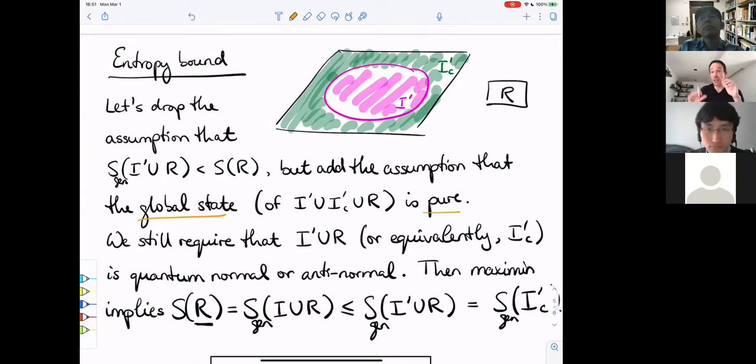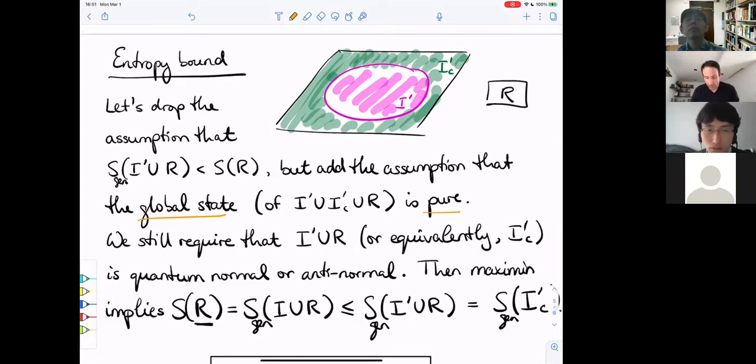But we're still going to want it to be quantum normal or anti-normal. That we keep. That's the only one that's left. And we're going to add the assumption that the global state, in other words, of the entire spacetime together with whatever reservoir we might have outside of the spacetime, is pure.